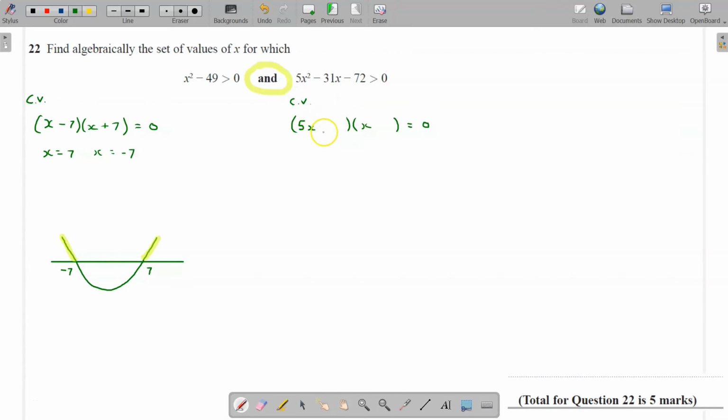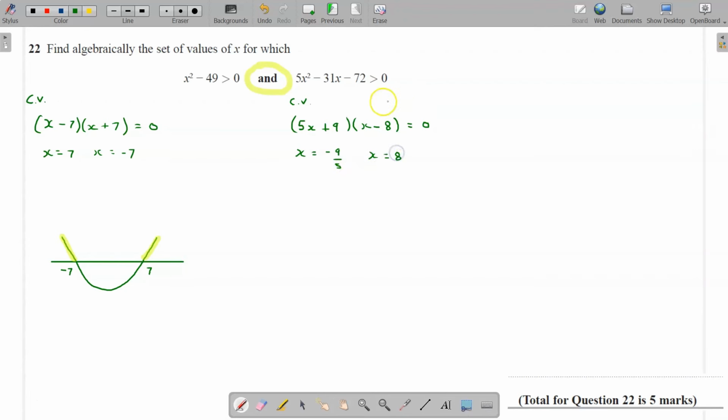So this factorizes to 5x plus 9 and x minus 8. If you FOIL that, you'll multiply it out and get back to this, so it does work. And so this gives us that x equals negative 9 over 5, or negative 1.8. And the other value is that x equals 8.